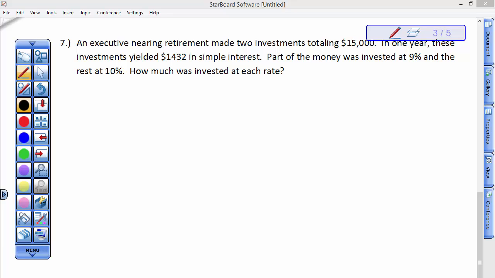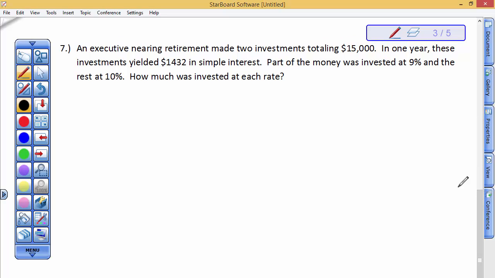Okay, let's set up another story problem. An executive nearing retirement made 2 investments totaling $15,000. So maybe one was $5,000 and one was $10,000. We do want to find out how much was invested at each rate. So let's let X represent the dollar amount invested at 9%.